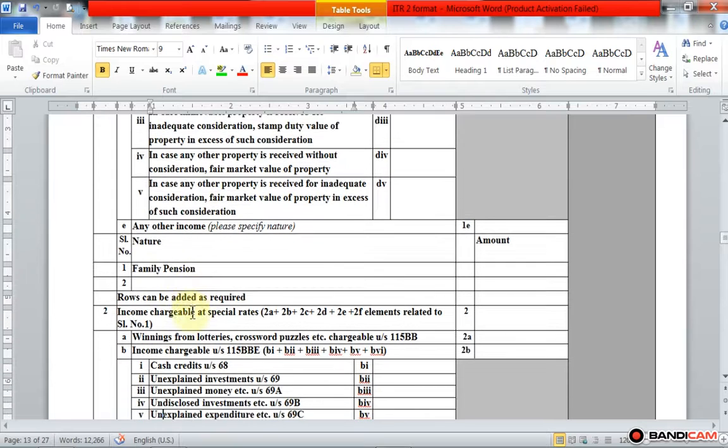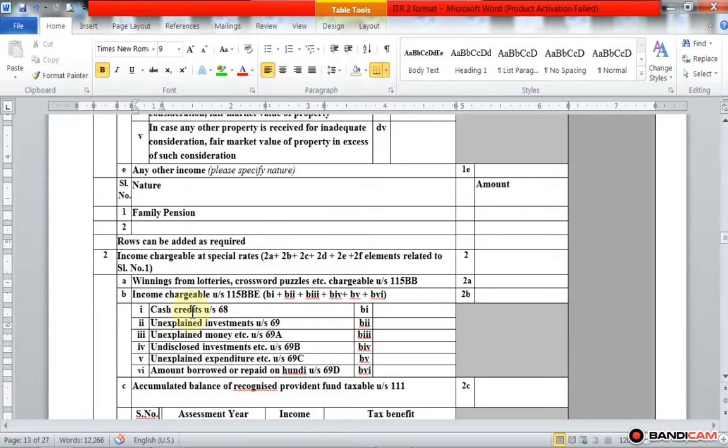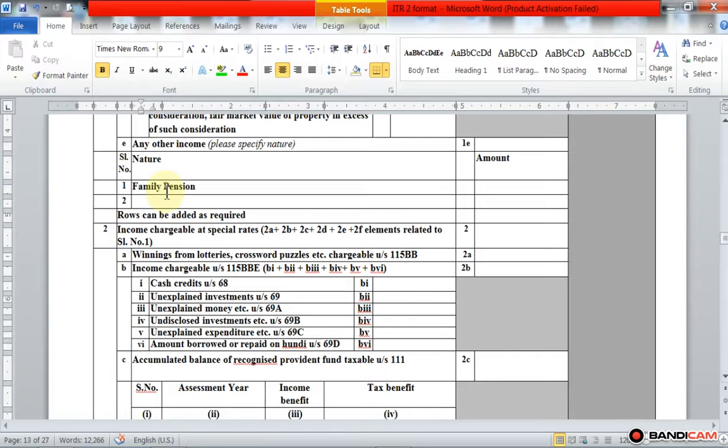Then rows can be added as required. It means if the other income is more than 1 or more than 2, then the assessee will add a row for filling the information relating to the other income.